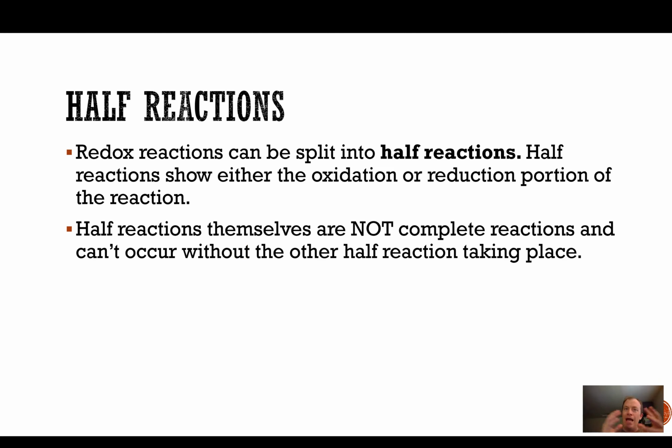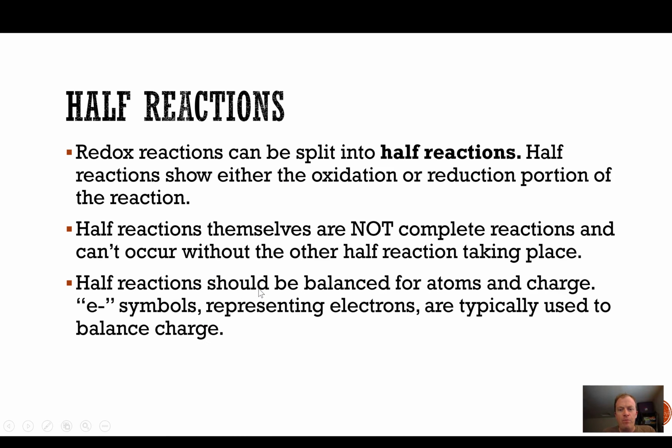So we're taking an actual complete chemical reaction, we're splitting it into its parts, neither one of which could happen on its own. Just like all reactions, half reactions have to be balanced for atoms and charge. The charge has to be the same on both sides of the arrows, not necessarily 0, but the same. And then we use e- symbols to represent electrons, and those are going to balance charge.